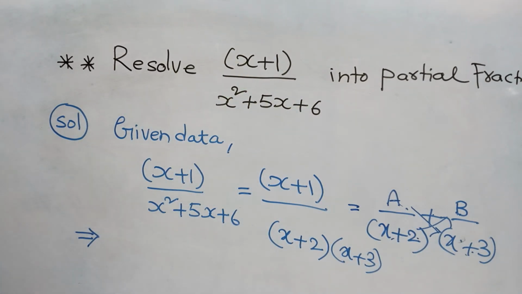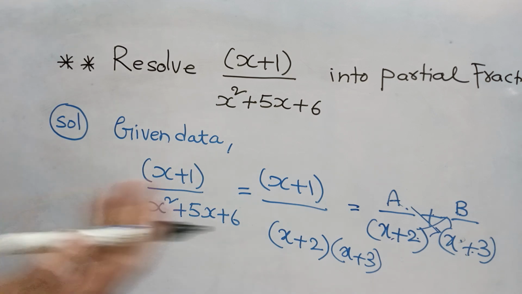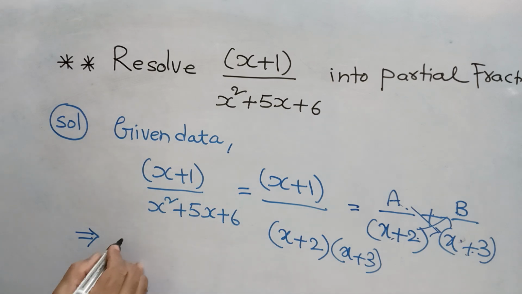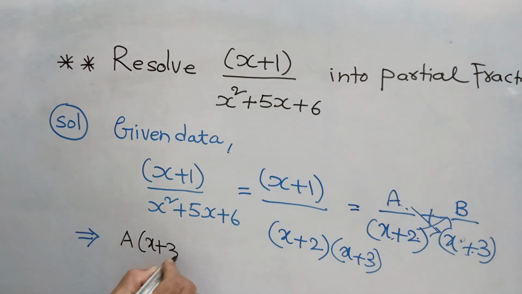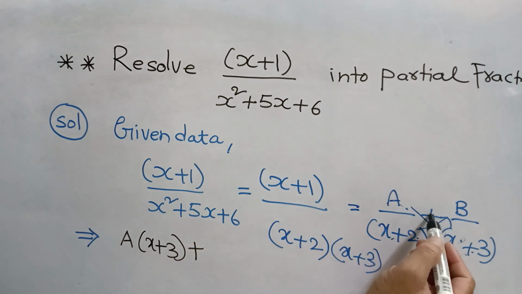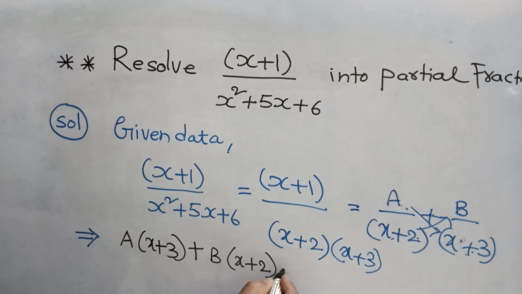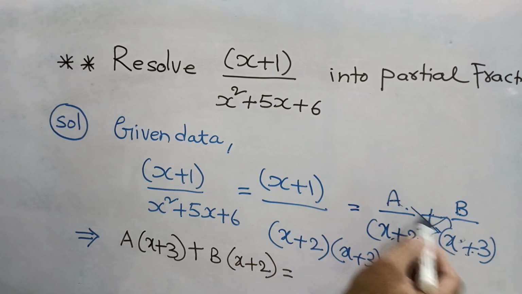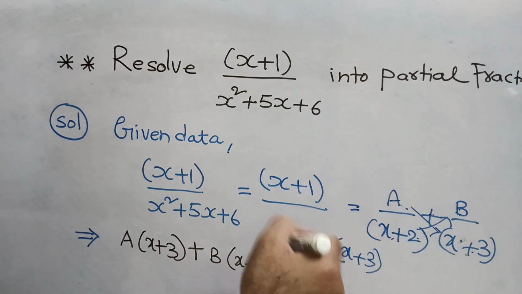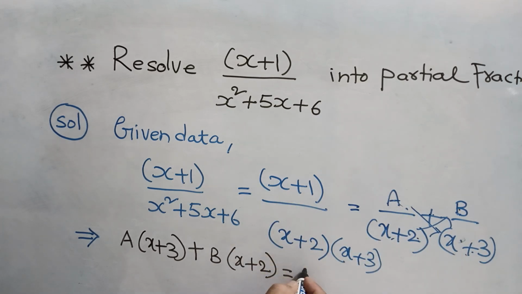Therefore, I can write a into x plus 3 plus b into x plus 2 is equal to, you have to equate that cross multiplication sum to x plus 1. The numerator part you have to make equal.